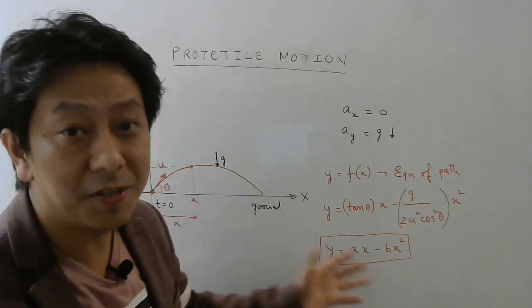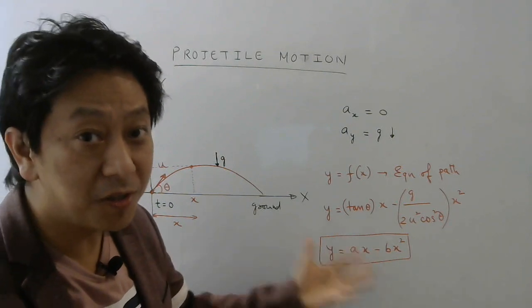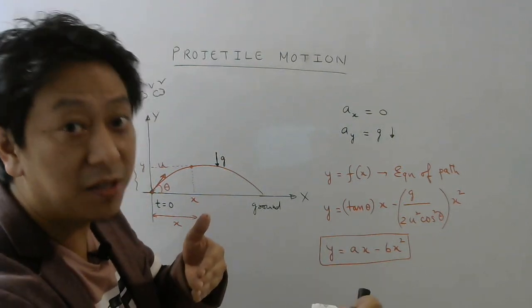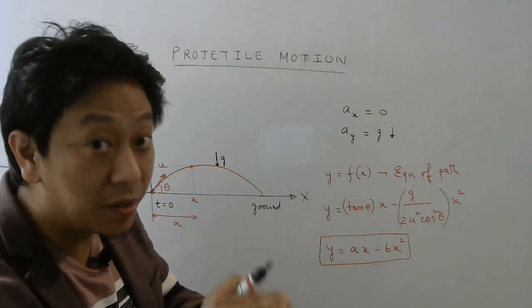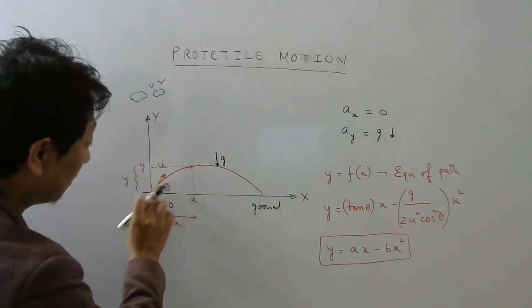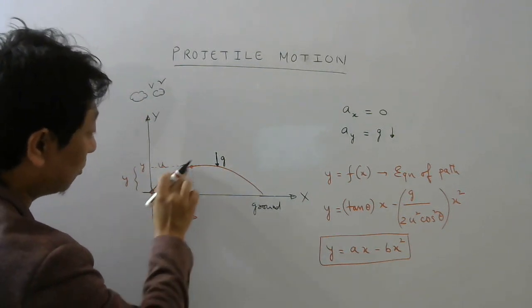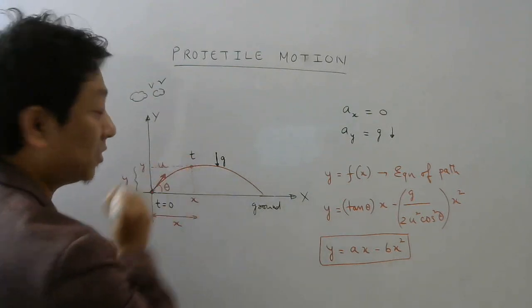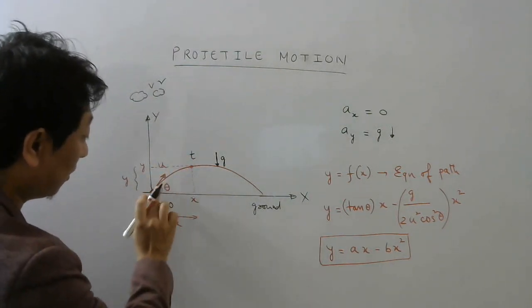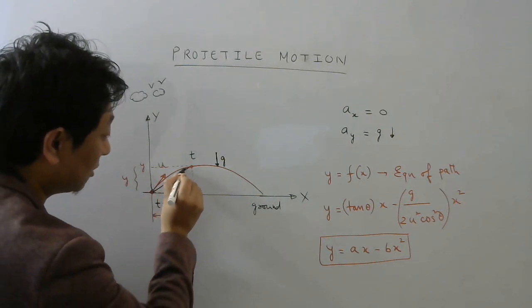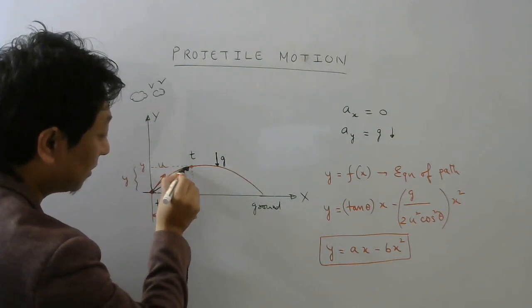Okay. When is this equation useful? This equation is useful when you want to relate the horizontal distance covered by the particle with vertical distance covered. Now, try to see that when the particle went from here to here, it will take some time, right? So here the time is, let us assume t. Then from here to here, if I remove this theta, then this vector is your displacement vector, isn't it?